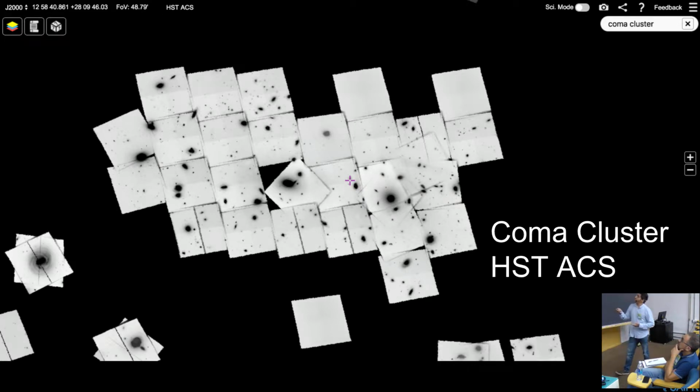Well, this is the field of view of the Advanced Camera for Surveys of the HST, right? And you have to do a lot of pointings to probe one cluster like the Coma cluster, right? So it's really important to have a large camera with a large field of view to probe the entire sky and see how the large-scale structure behaves, okay? All right.